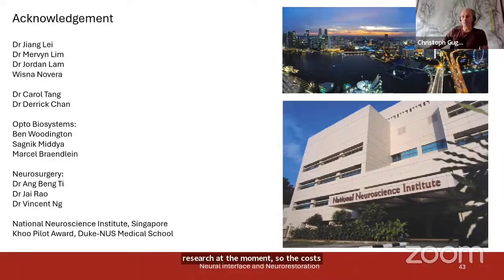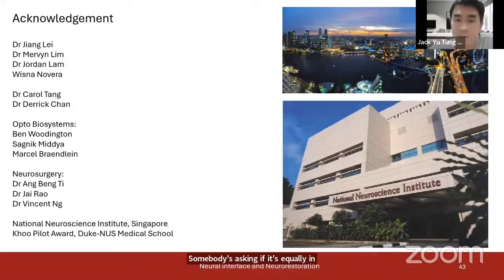Somebody's asking if it's equally invasive as normal ECOG. Yes. There are surgical techniques to have minimally invasive options. Like there are ECOG arrays which can be inserted through basically a pinpoint, and they will unroll once they are inserted into the brain. But you can do that with conventional ECOG arrays also.